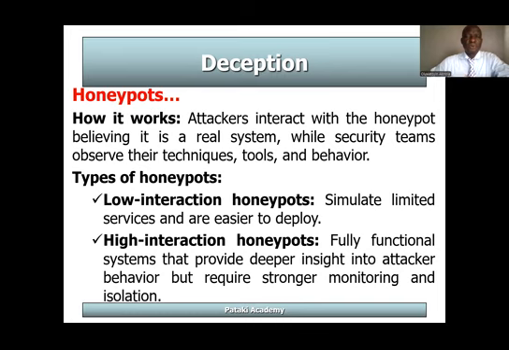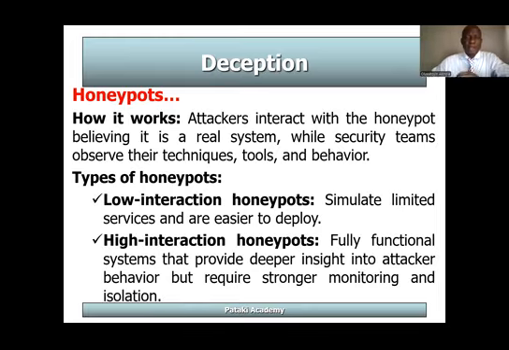Honeypot, how does it work? Attackers interact with the honeypot believing it is a real system, while the security team observes their techniques, tools, and behavior. Types of honeypot. Low-interaction honeypots simulate limited services and are easier to deploy.